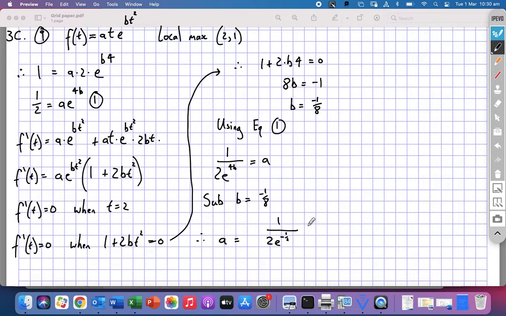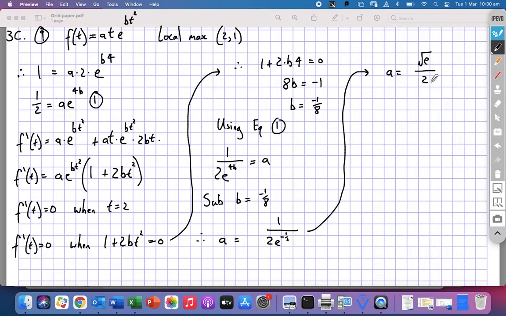Now I should work down, yeah, we'll start a new line. Go up here. So we'll say a is square root of e on 2. It's always a good idea to work down the page, but I'm a bit cramped for space here. Anyway, so that's solved.